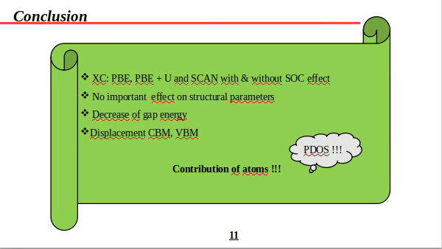We found that the spin-orbit coupling effect is almost negligible in the structural properties, but on the other hand has an important role in the electronic properties such as the band structure and gap energy. So in the future we look forward to studying the contribution of atoms for each approximation used previously, so as to further understand the physical properties of these compounds.